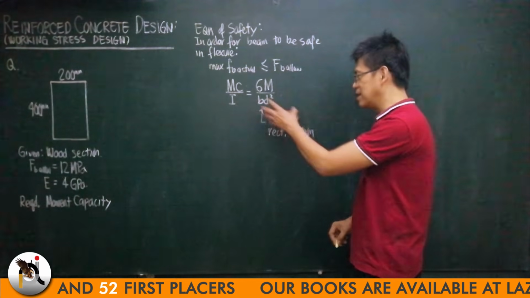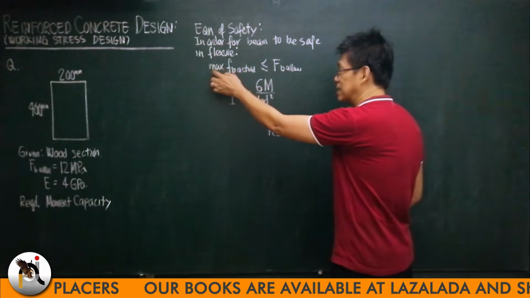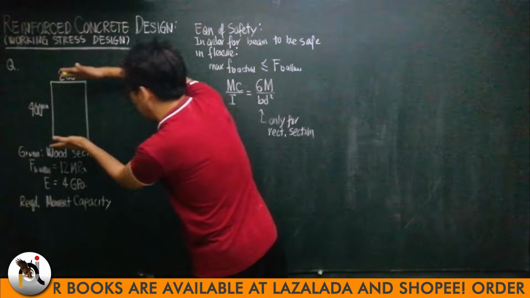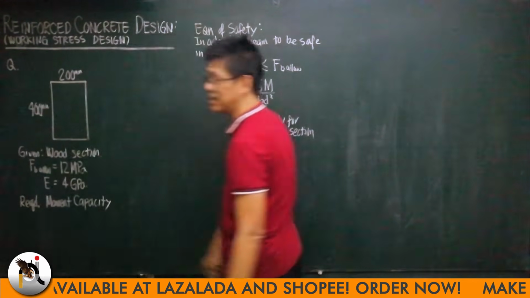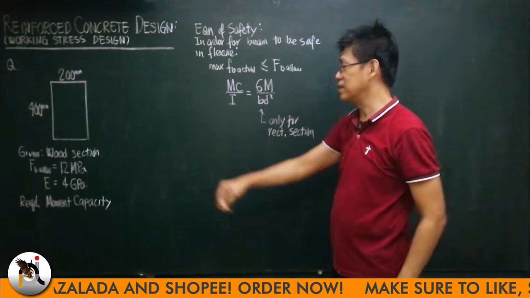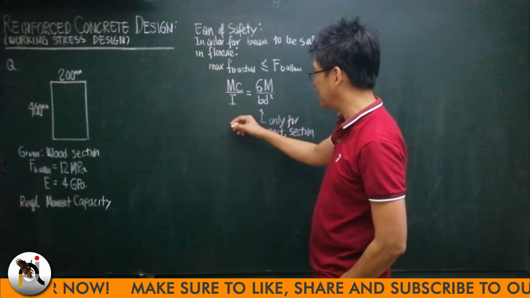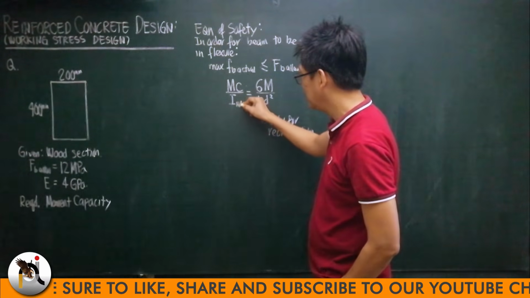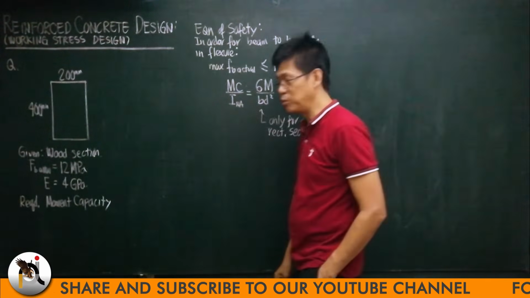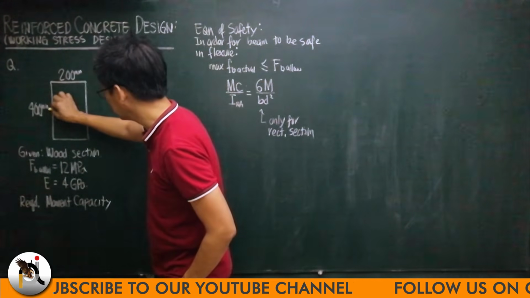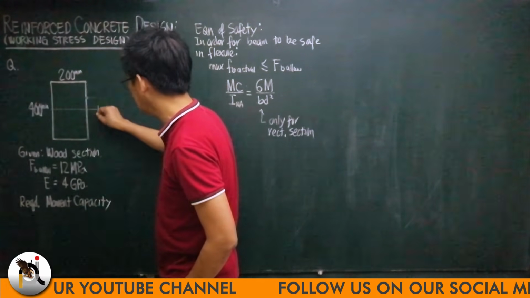And this one represents the maximum stress, meaning the stress only at the ends, topmost and lowermost. Now, in MC over I, the I here is I about the neutral axis. Obviously, the neutral axis of this is at the middle.